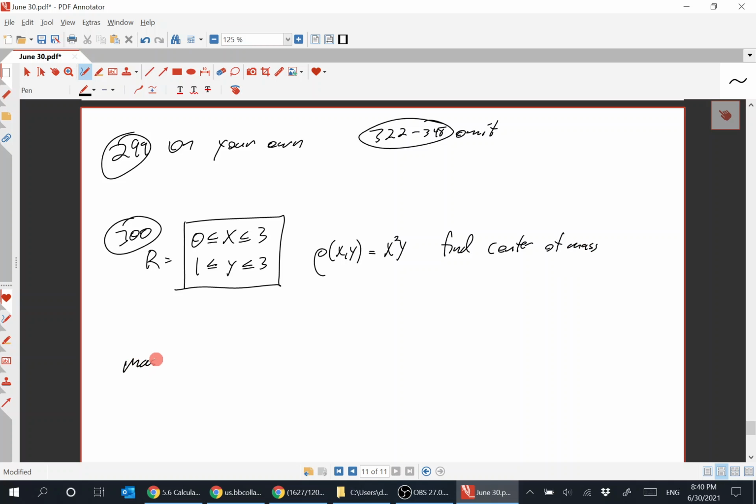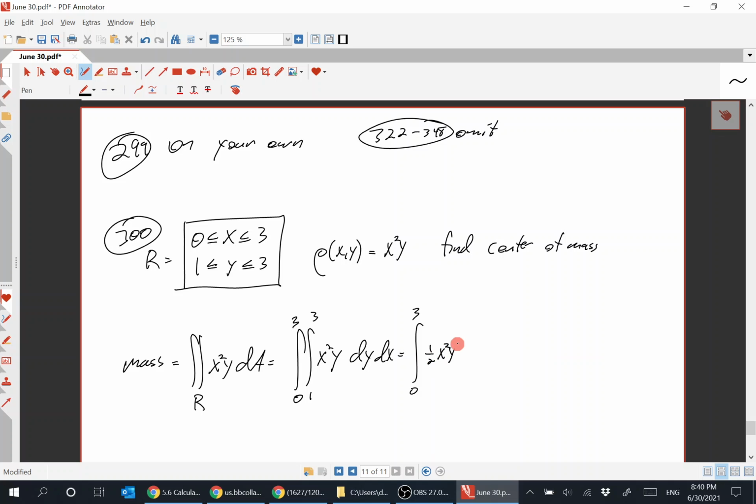So the mass is the double integral over R of x squared y dA. Since it's a rectangle, life is definitely a little easier here. So 1 to 3 for y, 0 to 3 for x, x squared y dy dx. The antiderivative with regard to y is 1/2 x squared y squared from 1 to 3.